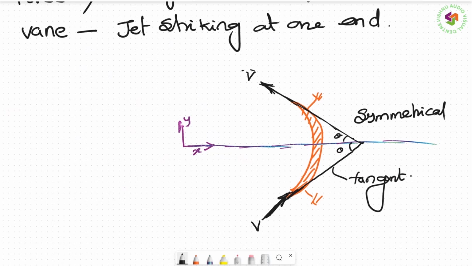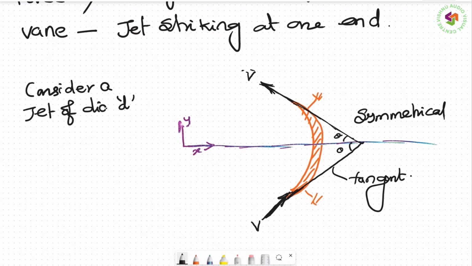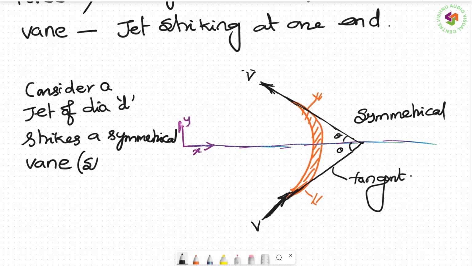Now, as usual, consider a jet of diameter d that strikes a symmetrical vane which is stationary at one end.